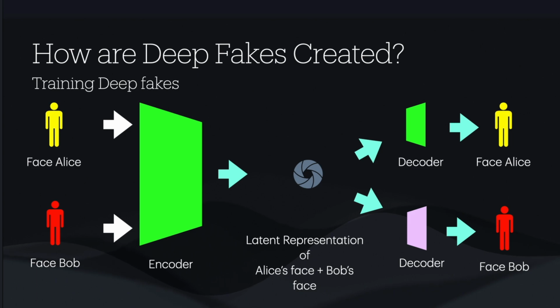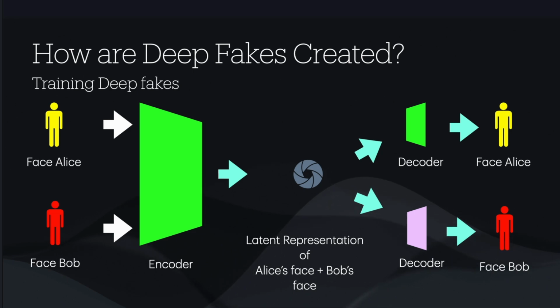How are deepfakes created? Here, the encoder is a neural network that learns to represent facial features in a latent representation state. The latent representation state is marked in the middle. Think of the latent representation as a condensed vector that is able to capture the most crucial facial features of Alice and Bob.